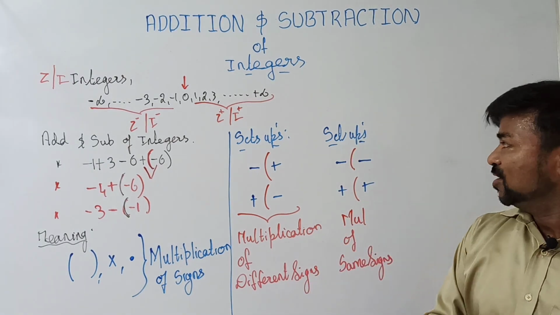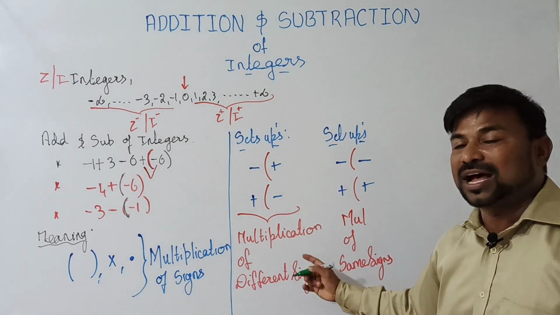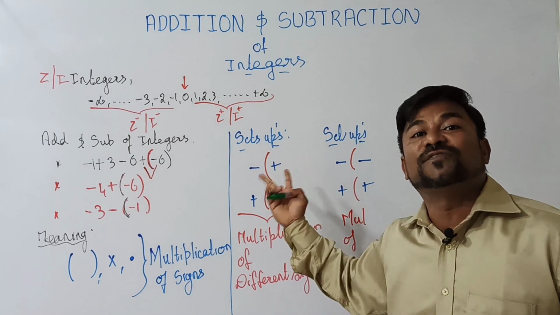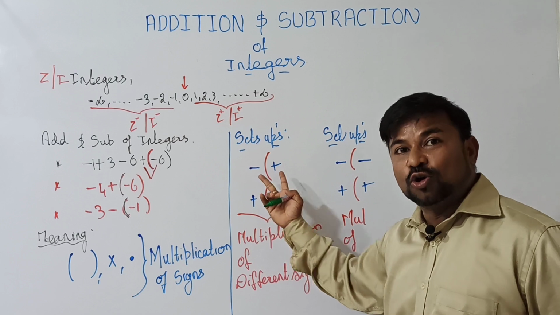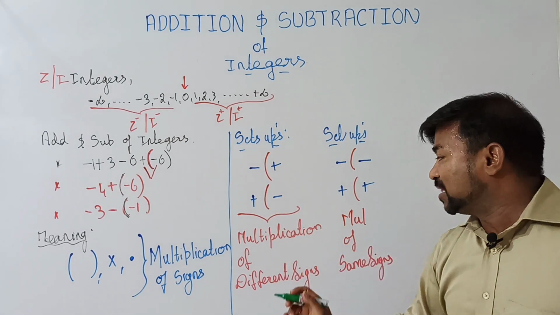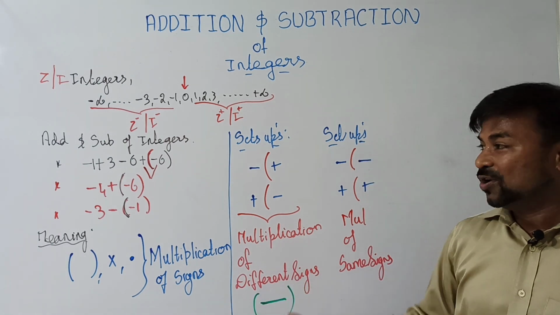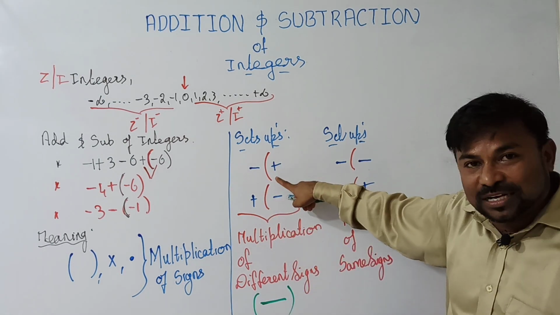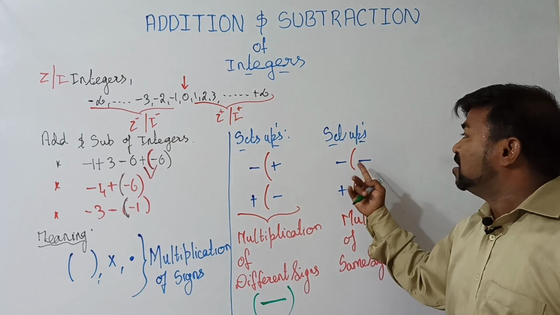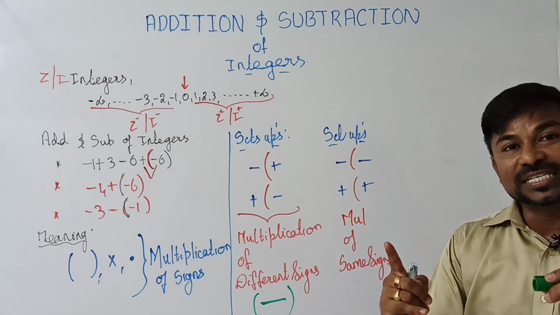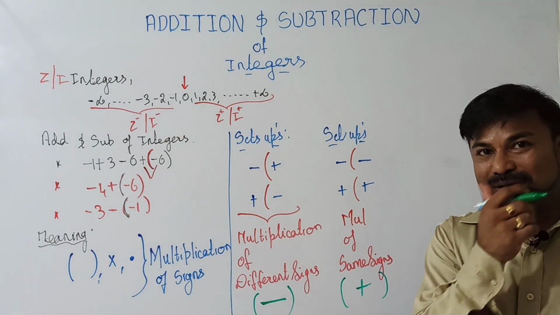You have to remember, the only thing we are supposed to remember is, when multiplication is done between different signs, we will be getting minus. You have to remember this one. In the same way, if you multiply same signs, we will be getting plus. This is the thing you have to remember.